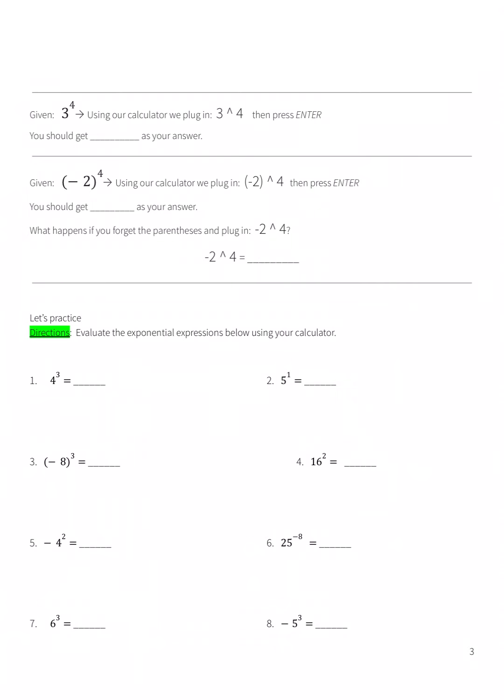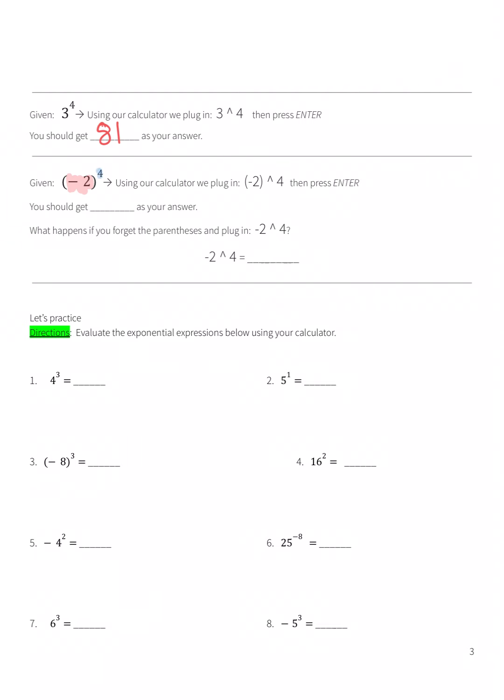All right, I'd like you to try that. Pause the video. Hopefully you tried that and you got an answer of 81. If you did not, you probably made a mistake in your calculator. All right, here's another one to try. Given (-2) to the 4th power, we know it's -2 because the negative is in that parentheses. Our base is -2, it's in the parentheses.